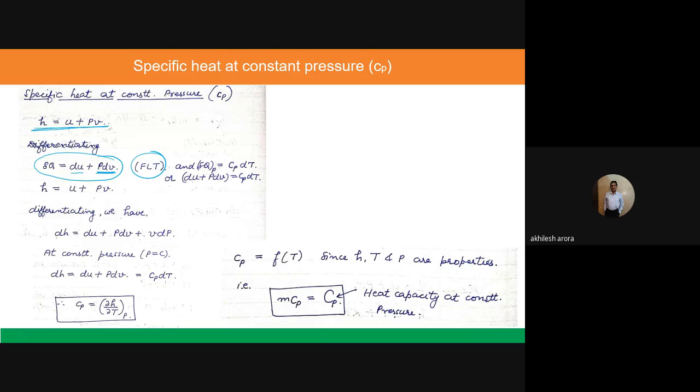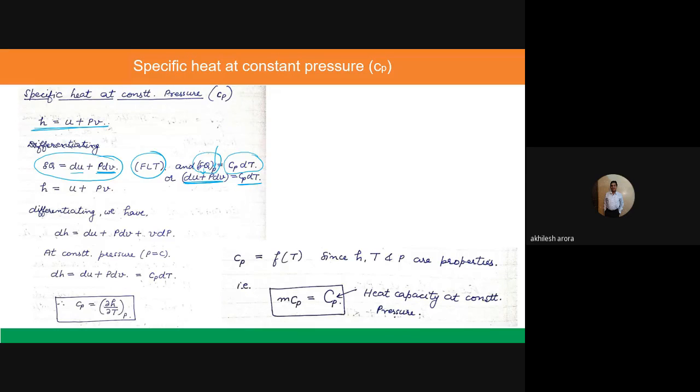So if I want to calculate the value of delta Q for a constant pressure process, you can see I have put here small p. So it means it is delta Q for a constant pressure process. And this value we have already calculated, and this is equal to Cp dT. So in place of this delta Q, what I have done, I have put dU plus PdV. dU plus PdV is equal to Cp dT.